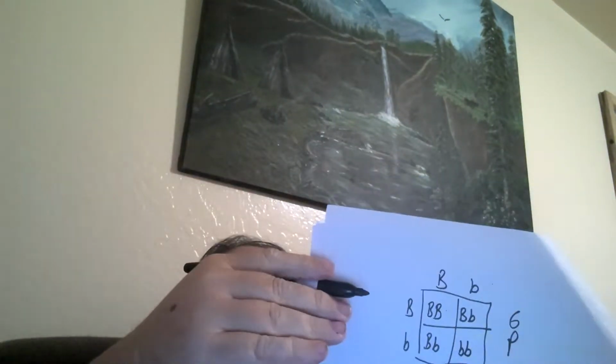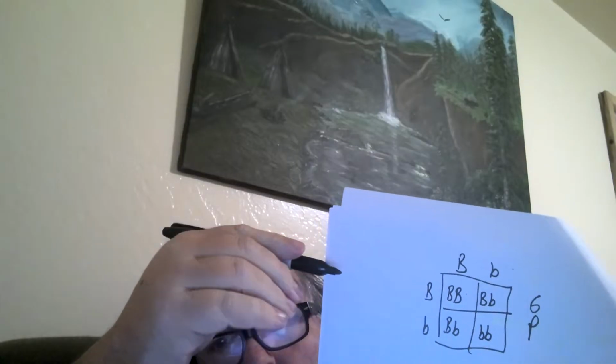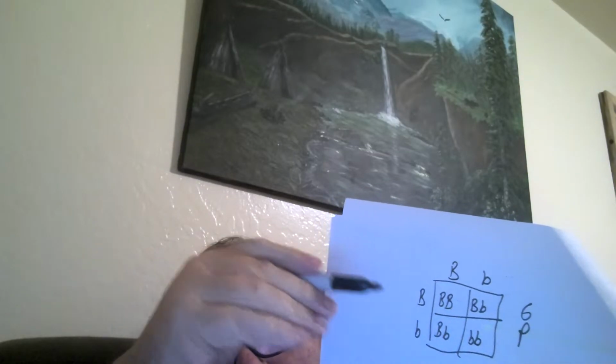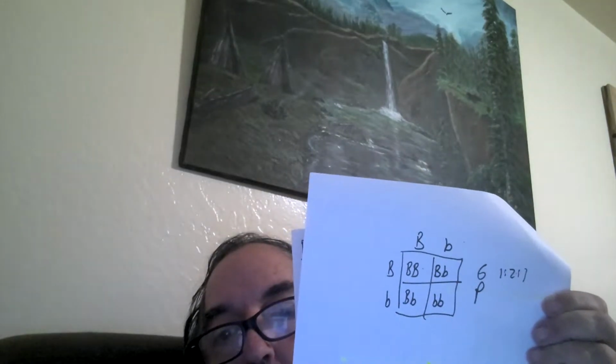So our genotypic ratio, and you're going to need to write these in, is 1 big B, 2 heterozygous, and 1 little b. So it's 1 to 2 to 1, right? Our phenotypic ratio, what do they look like? Beard, 3. No beard, 1. 3 to 1.